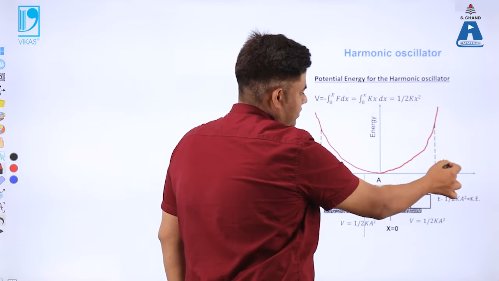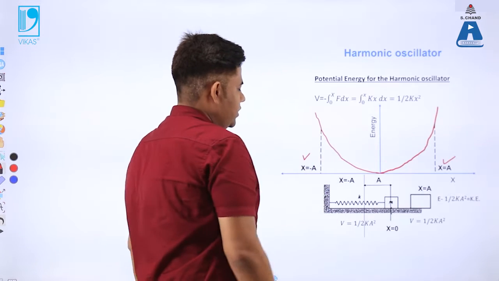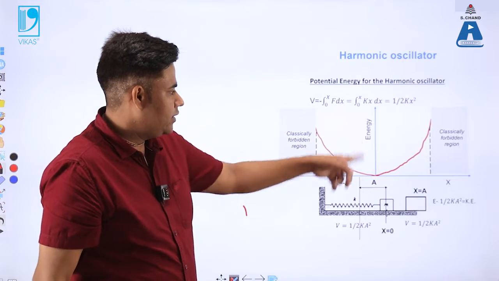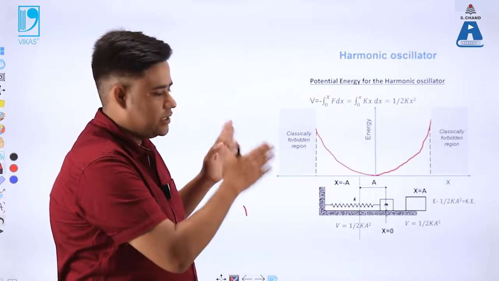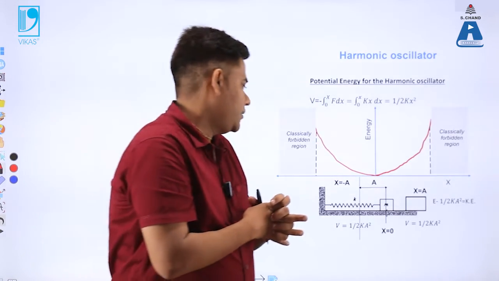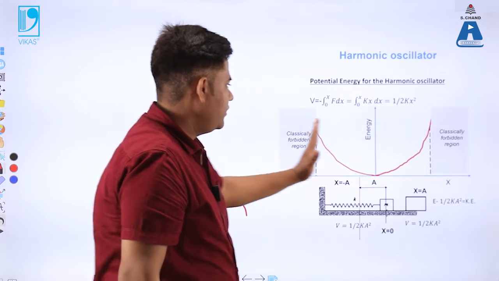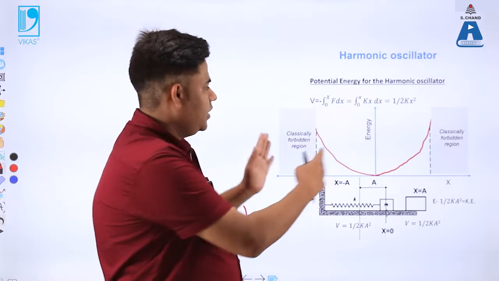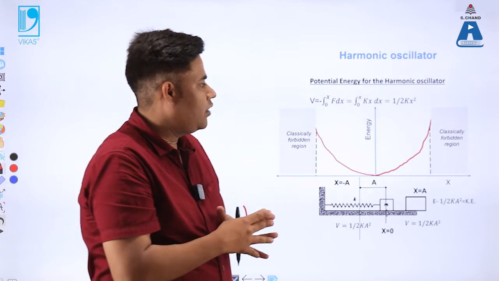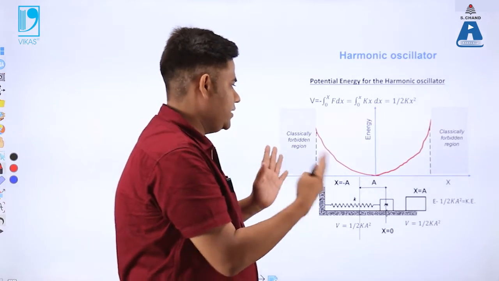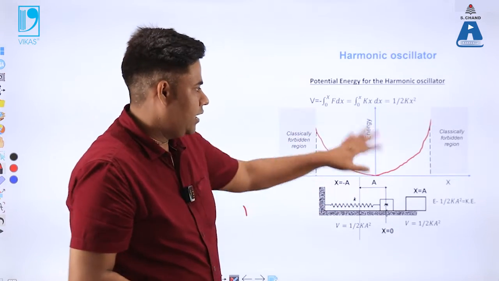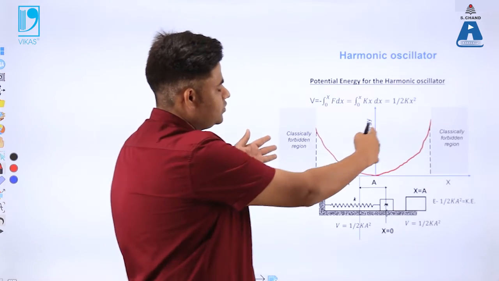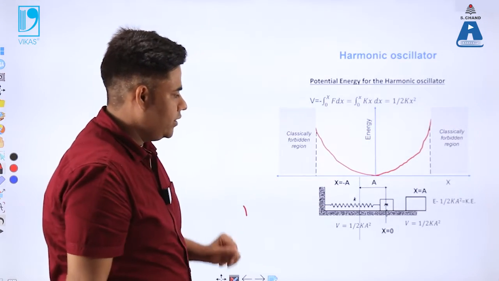At one extreme x equal to a, and at another extreme x equal to minus a, and at those extremes we have the value of potential energy as half k a square. Now beyond this region we will not find the particle. So this region would specifically be called a classically forbidden region, and I will elaborate on this in the forthcoming slides, but as of now this region is called the classically forbidden region.